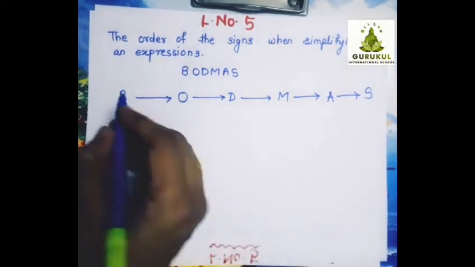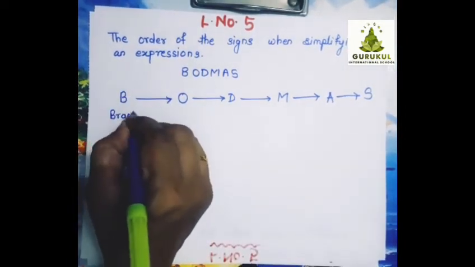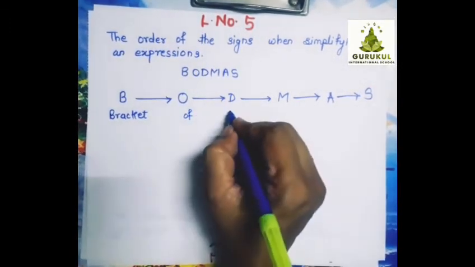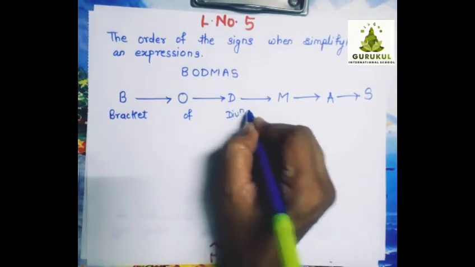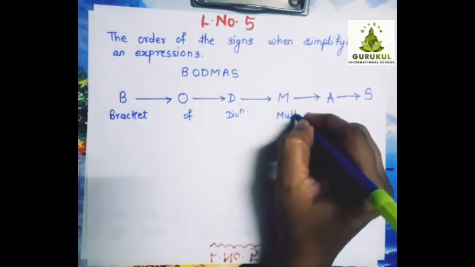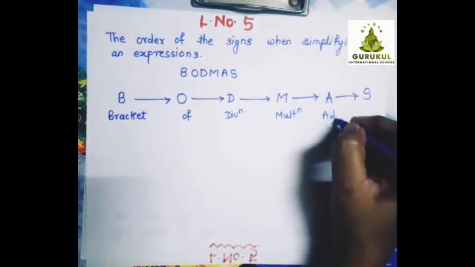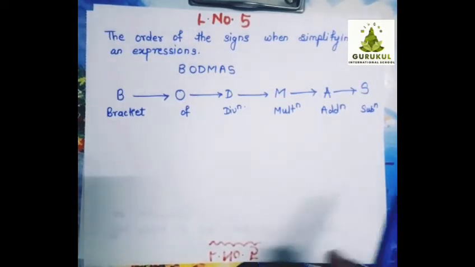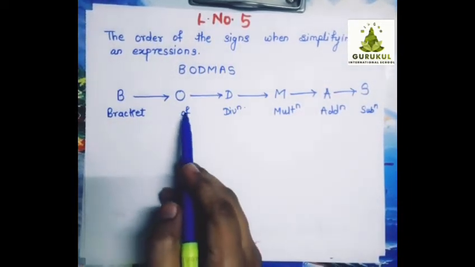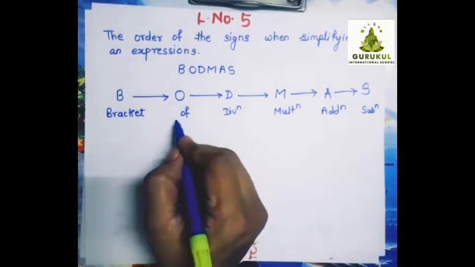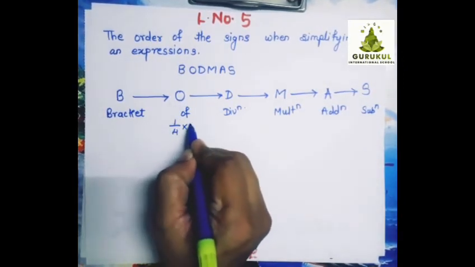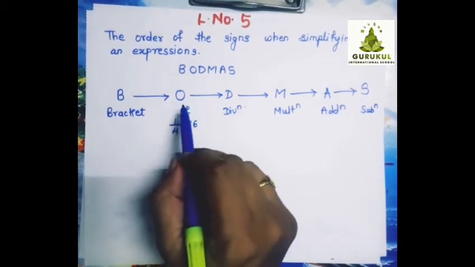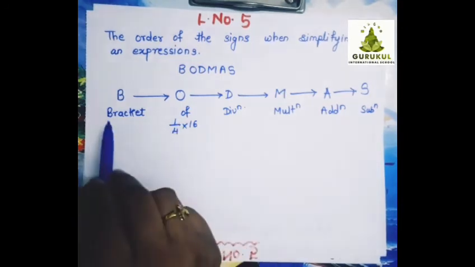B is for bracket, O for of, D for division, M for multiplication, A for addition, and S for subtraction. So we should always solve the bracket first, then we have to go for of. Of means, suppose if it is 1/4 of 16, if such types of expressions are there, then we have to go for it first, starting from left to right.